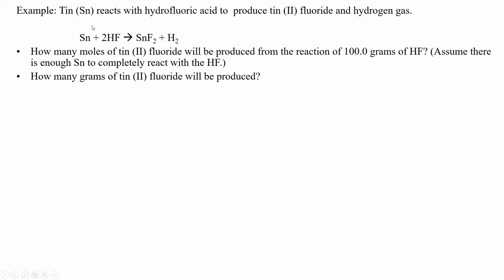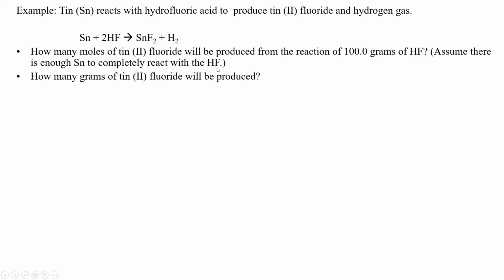We have tin reacts with hydrofluoric acid to produce tin 2 fluoride and hydrogen gas. Equation is given and we have to find how many moles of tin 2 fluoride will be produced from the reaction of 100 grams of hydrogen fluoride. Assume there is enough tin to completely react with hydrogen fluoride.